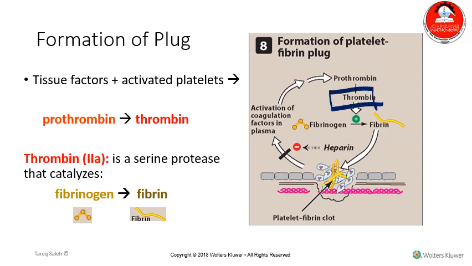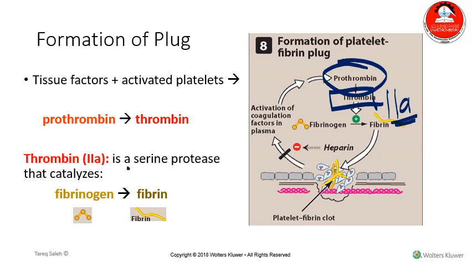Thrombin is formed from prothrombin. So this is the first event that is activated during activation of the coagulation cascade that leads to thrombus formation. Remember that thrombin is also referred to as coagulation factor 2 activated, or 2A.